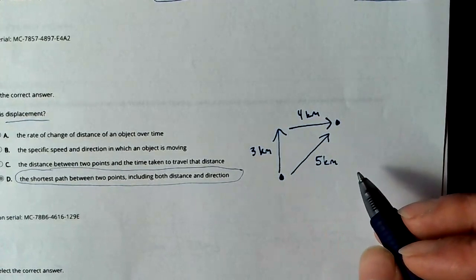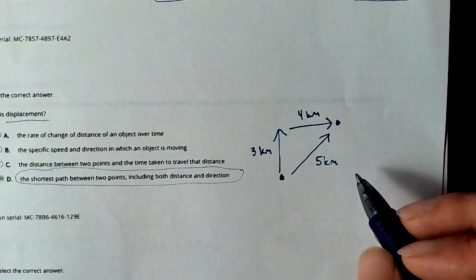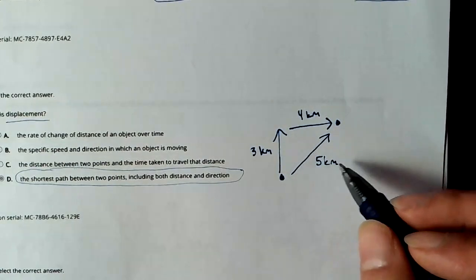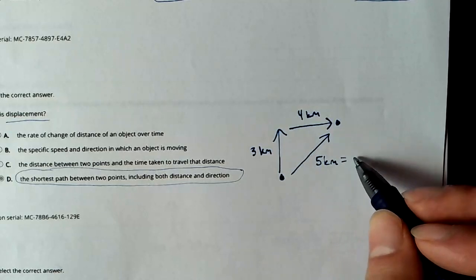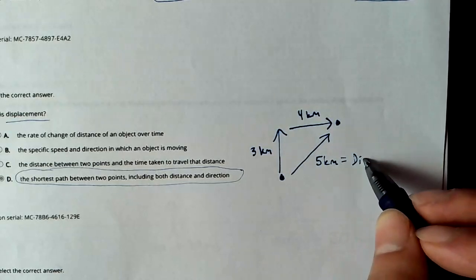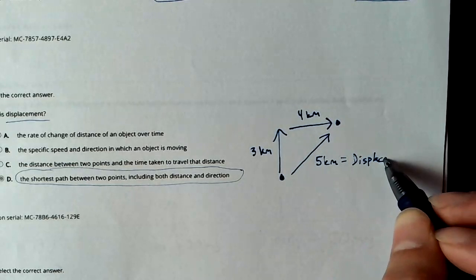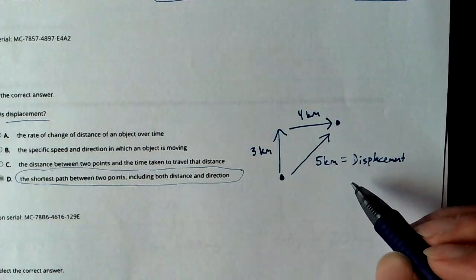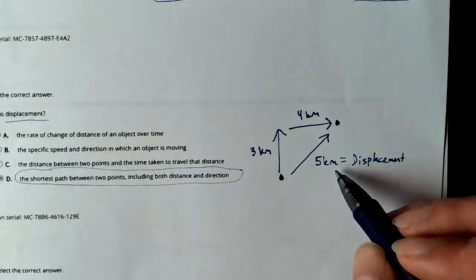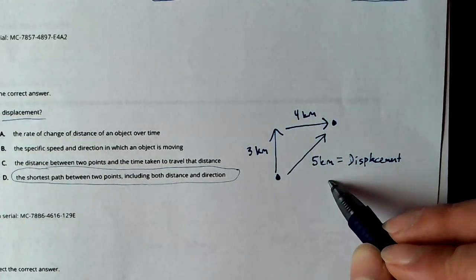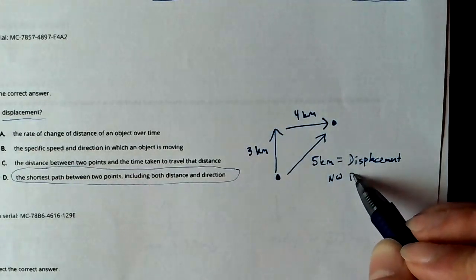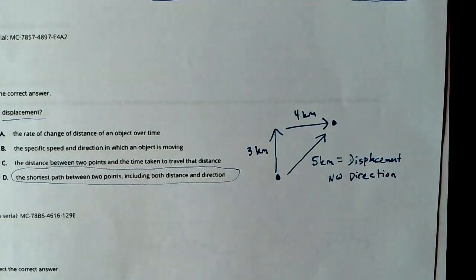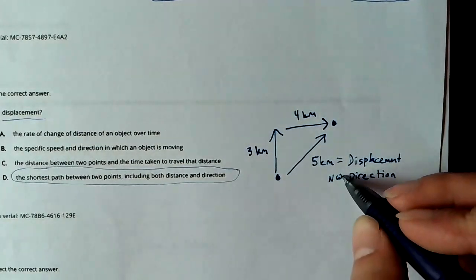And if you use trig or geometry, you can find this distance, and that's the actual displacement. In the northwest direction, I suppose. 5 kilometers north and east, sorry.